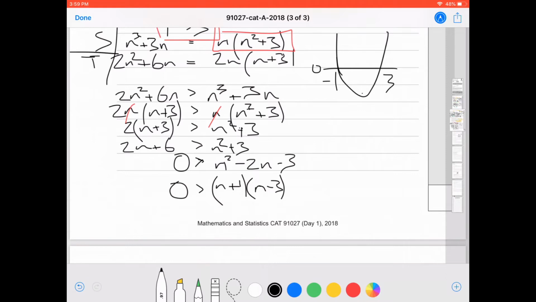When is this parabola less than 0? So we're actually looking for this region here. Meaning n is greater than minus 1 and less than 3, right? I hope that makes sense to you.